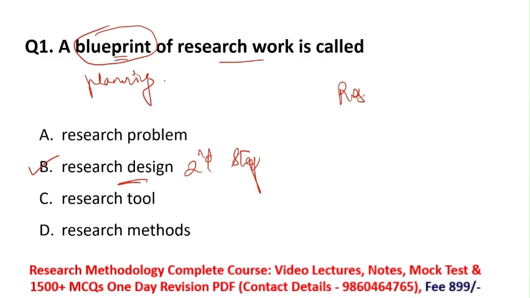Whatever you are going to do in your research, you plan before, and according to that plan you perform your research. I hope you understand the meaning of blueprint, which means planning, and is also called research design.